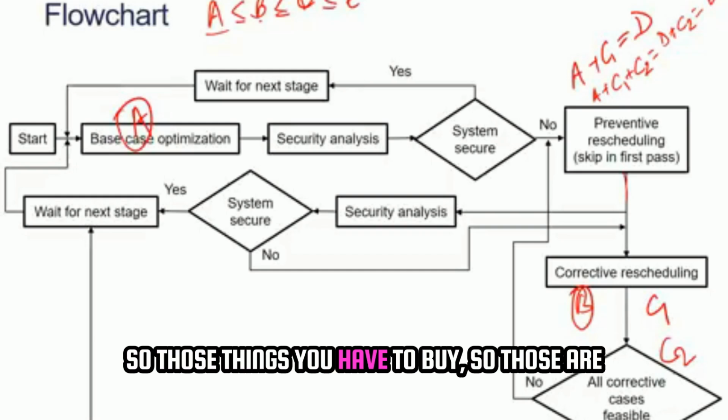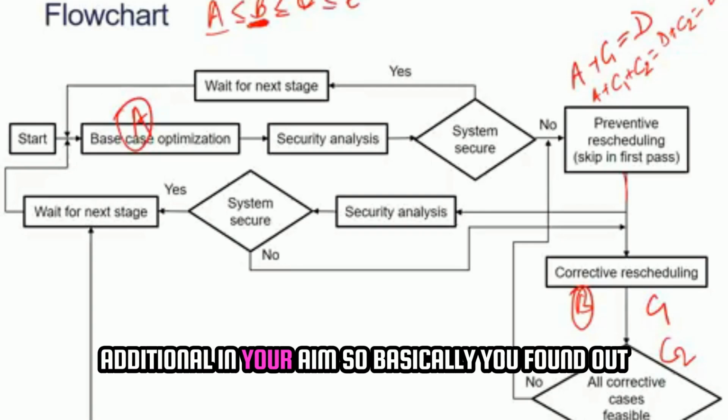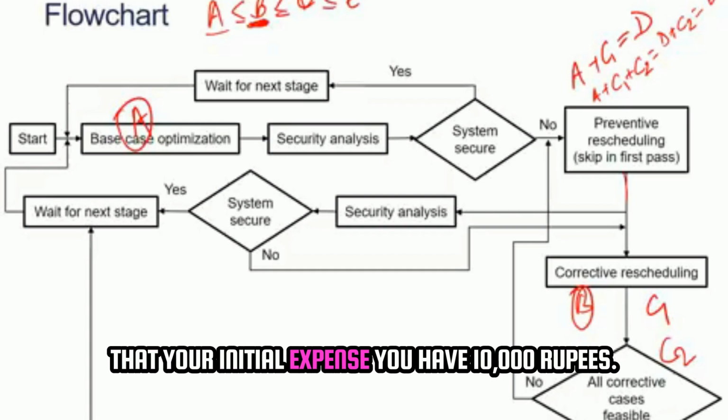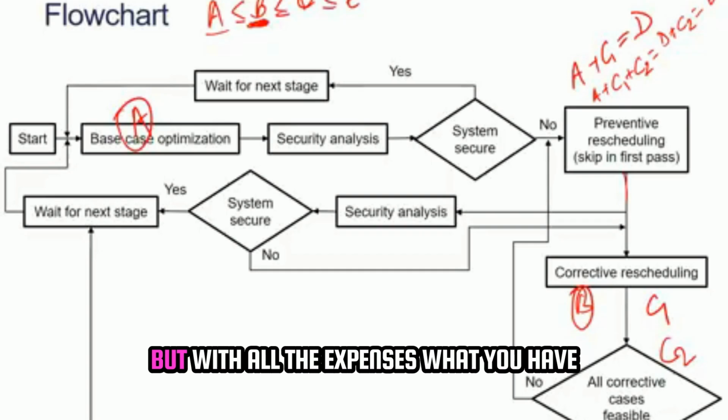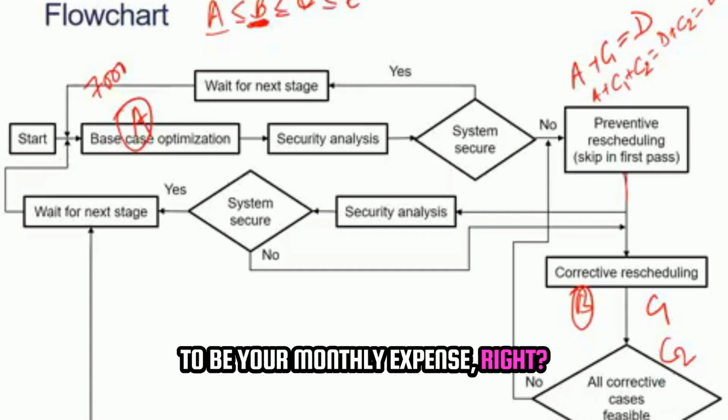So those things you have to buy. Those are the corrective actions where you are spending additionally on A. So you found out that with all the expenses you have planned, let's say 7,000 rupees is going to be your monthly expense, right?